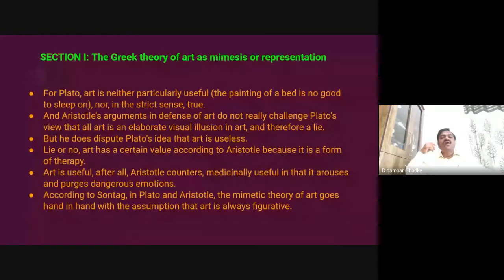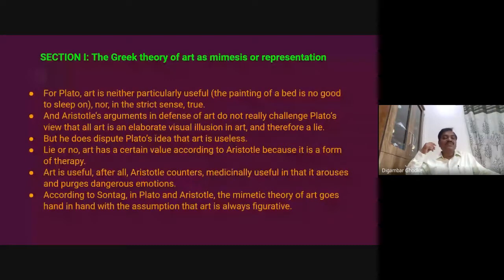He calls all art a lie. And Aristotle too does not challenge this particular view of Plato. But he disputes Plato's idea that art is useless. He accepts that art can be an imitation.